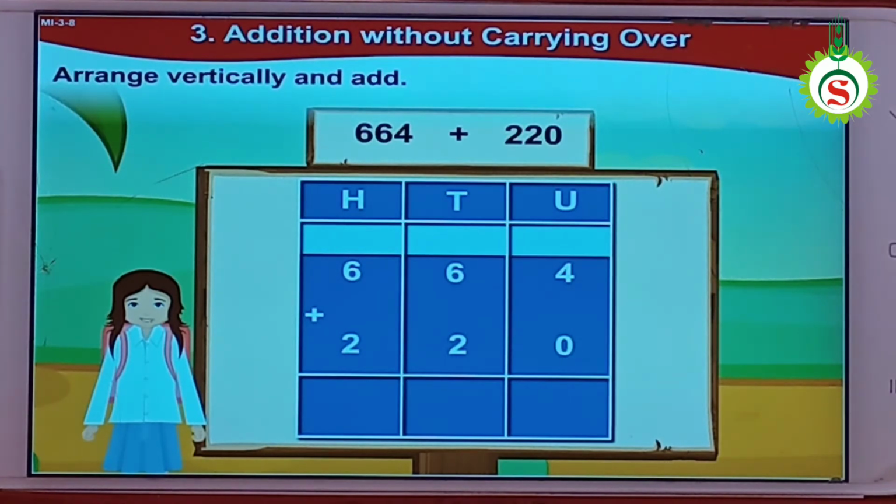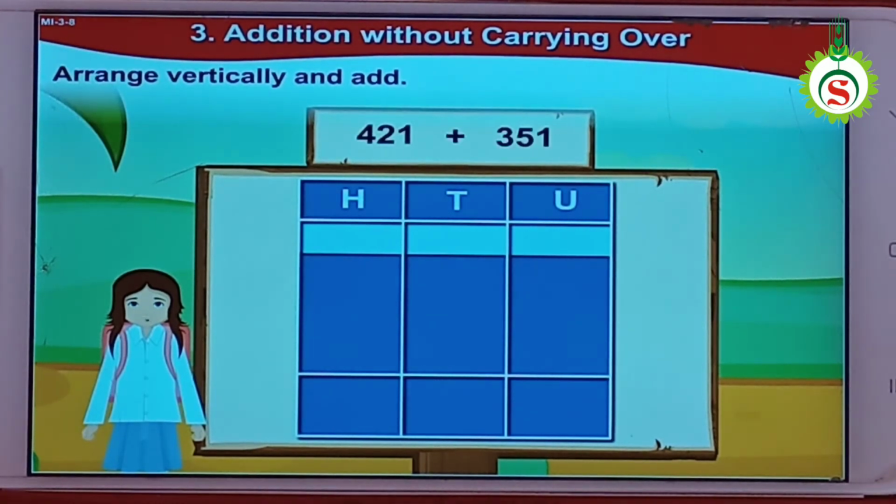Now if you add them, at the unit place, then tens. 400 plus 300 is 700.